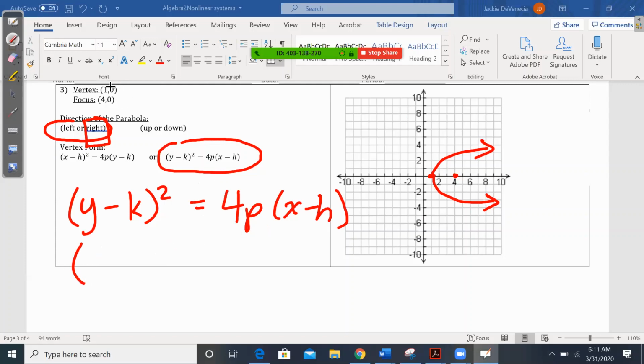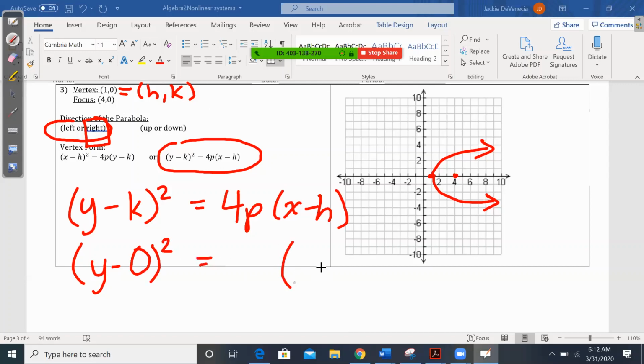Now my vertex, it's always going to be that form (h, k). So for y, instead of saying y minus 0 because it's the first one there, instead of saying y minus 1 because it's the first one there, I'm actually going to say this. All right?